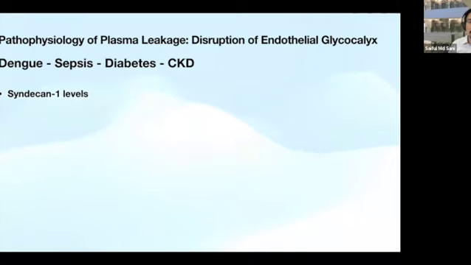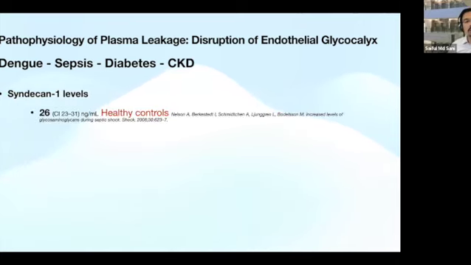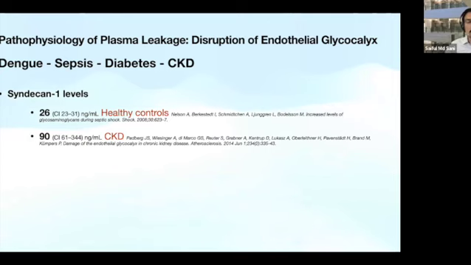Disruption of the endothelial glycocalyx, I believe, plays a big role, and it occurs in dengue, sepsis, diabetes, and CKD. There are papers which measured syndecan-1 levels, a biomarker of endothelial glycocalyx. In healthy controls, one study found it to be in the region of 26 nanograms per mil. If you have CKD, it's 3 times higher.